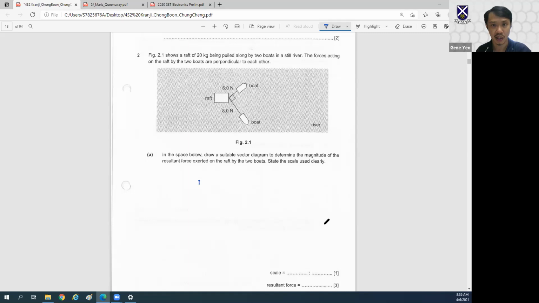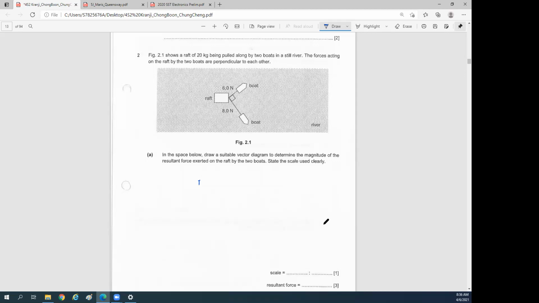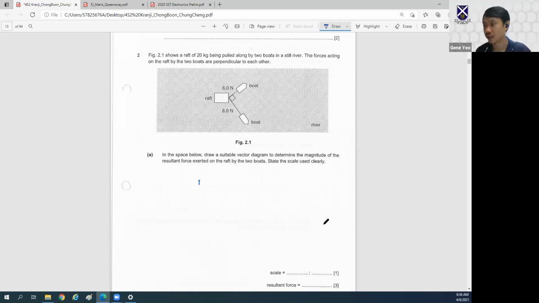I'll give a wait time of another 5 seconds. So this is the one where you draw the parallelogram, right? Yes, exactly. You have to use a scale, draw a scale drawing of a parallelogram.